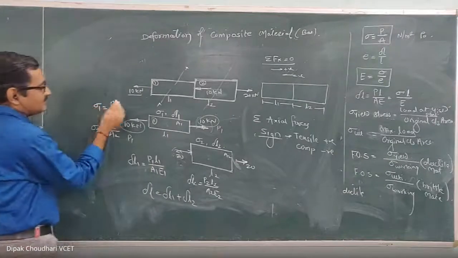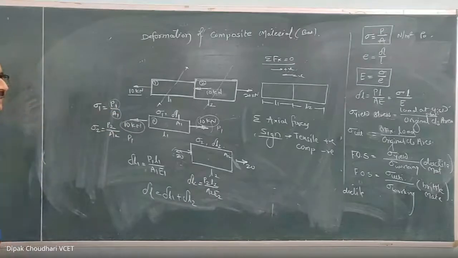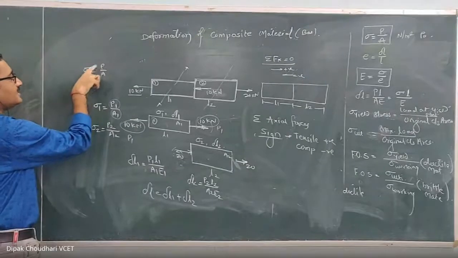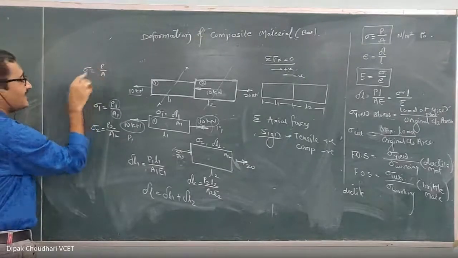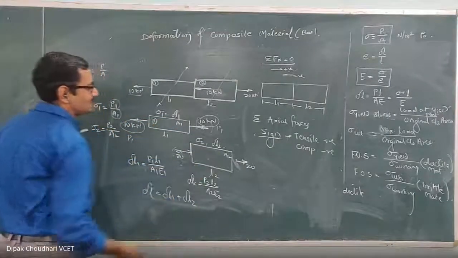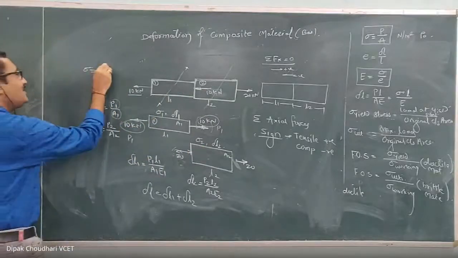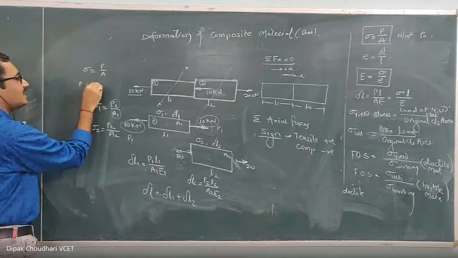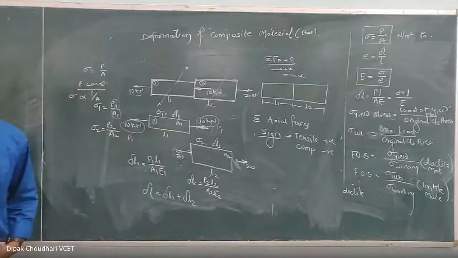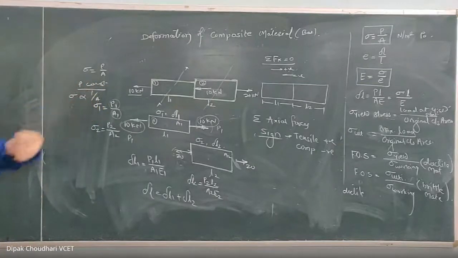Now this stress you can observe depends on the axial force as well as the area. Remember one thing, stress equals P upon A. It depends on axial force P as well as cross-sectional area A. If I consider two different components, and the same axial force is acting on these two components, then if P is constant, stress is inversely proportional to the cross-sectional area.